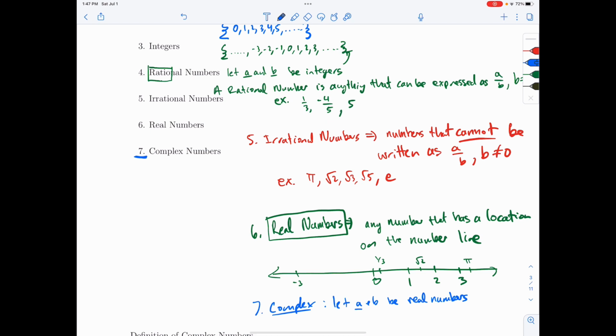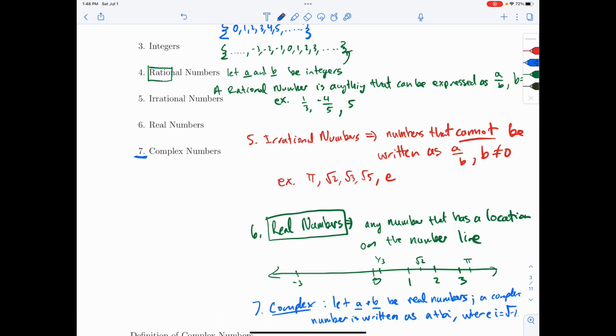In this case, A and B are real numbers. A complex number is written as A plus BI, where I is the square root of -1.